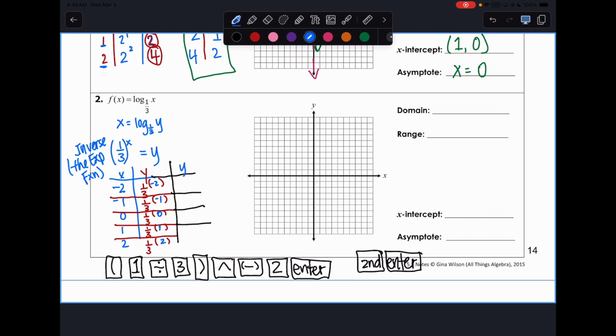Y value should be 9. Y value should be 3. Y value should be 1. Y value should be 1/3. Y value should be 1/9, which is 0.3 repeated, and the last one should be 0.1 repeated. See if you get those values.